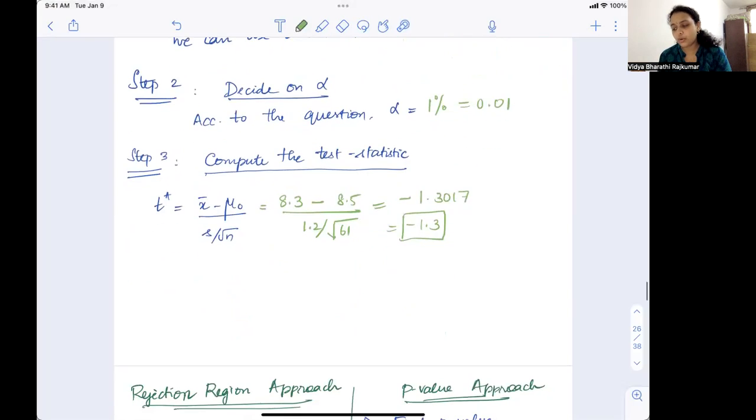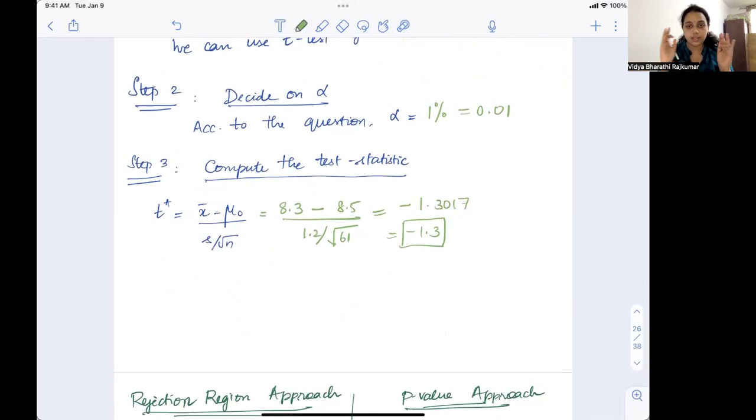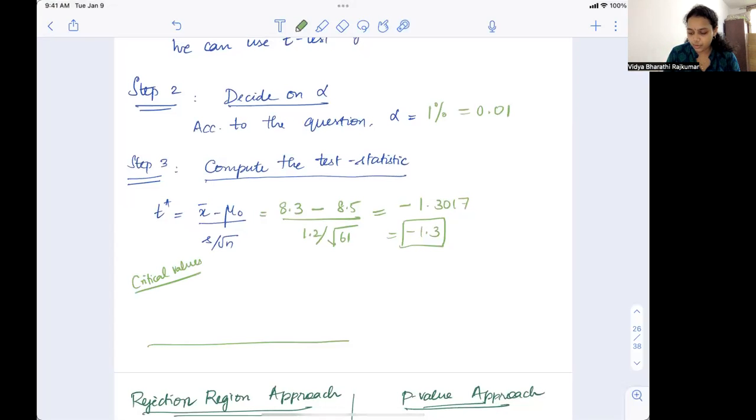Now, we're going to go ahead and look at the critical values or the threshold. So we're going to actually solve this using both the rejection region and the p-value approach. So for the first step in the rejection region, we are going to compute the critical values. So critical values will be where, if we have our normal distribution like this, and if we have our standardized version such that we've drawn the t distribution, if I have t here, then, sorry, this will actually be 0, but let's not worry about it.